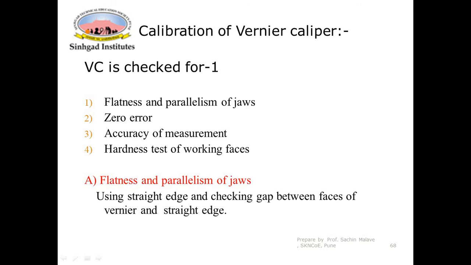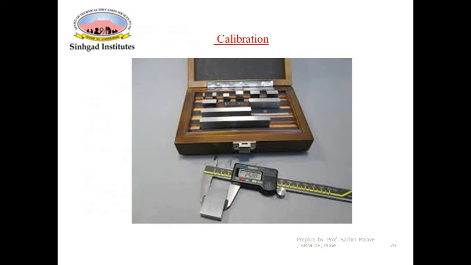That straight edge will be used as a reference and kept on this surface initially, and it will be checked whether it is perfectly flat. If this surface is not perfectly flat, there will be a gap between this surface and the straight edge. That gap can be seen and calculated.